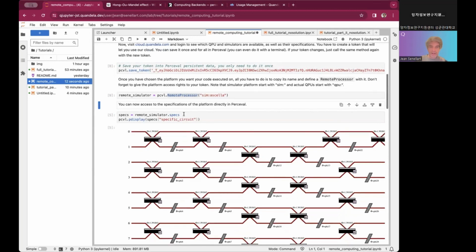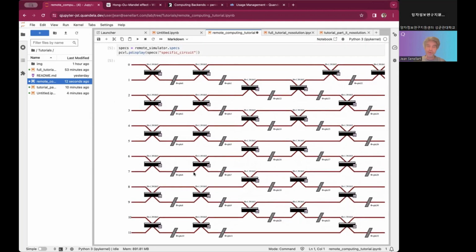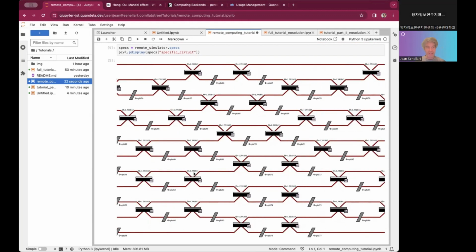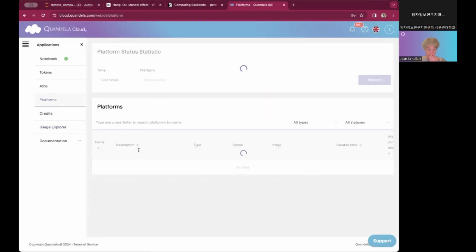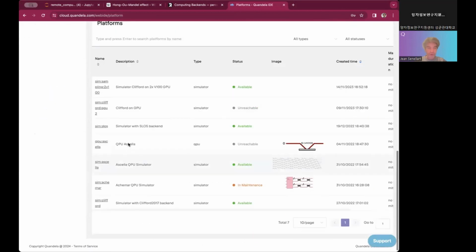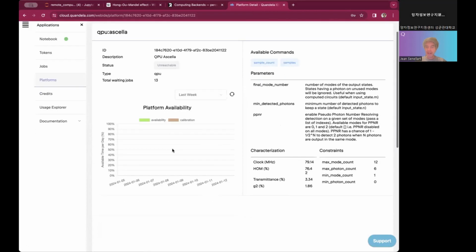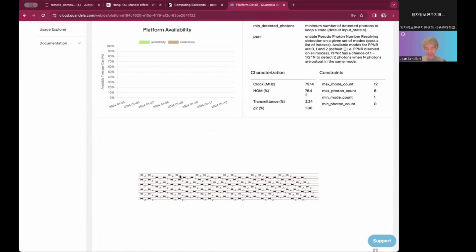And I'm getting the circuit equivalent to the processor that I will be running. This is also something that you can find on the cloud itself. If you go to the platform, you go to QPU scalar, for instance, and you see the circuit that QPU scalar is implementing.